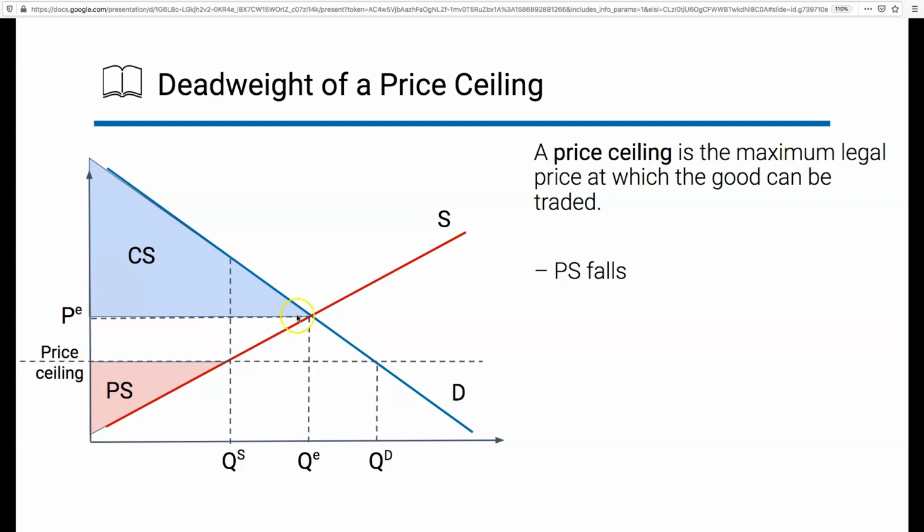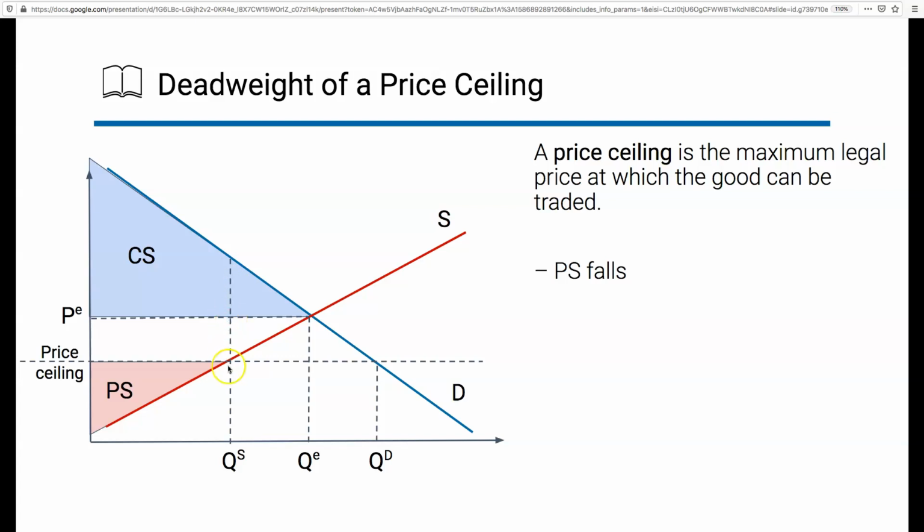But on the other hand, they suffer from the fact that less product is available in the market. And so I can show the change in the consumer surplus by doing two things. First of all, I'm going to cut out the small blue triangle because it corresponds to the surplus from the trades that do not happen in the market anymore.